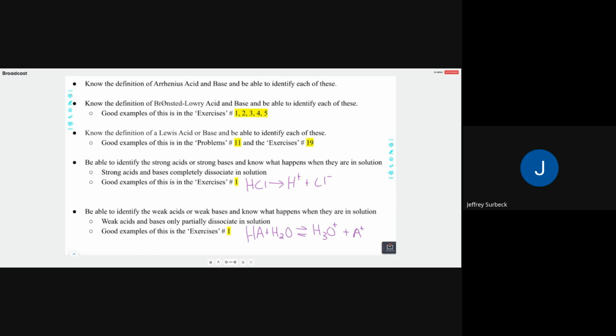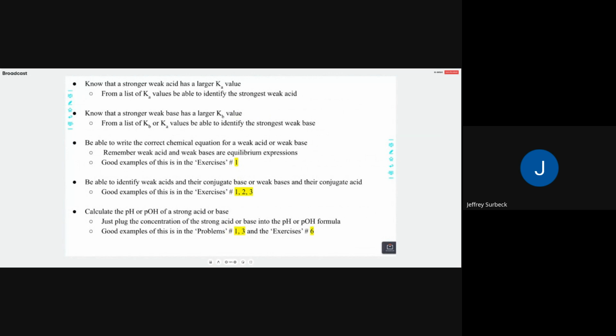All right, so moving on with this. If I give you a Ka, know that the larger the Ka is, the stronger that is.